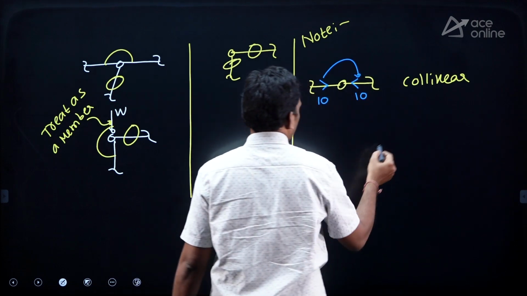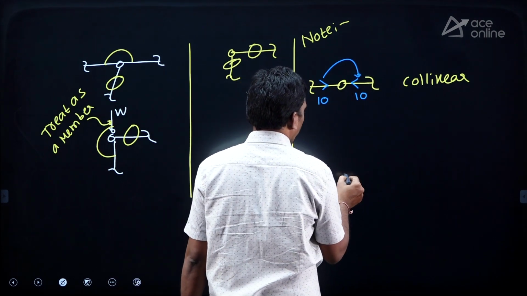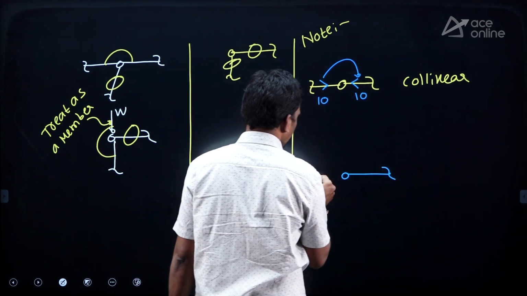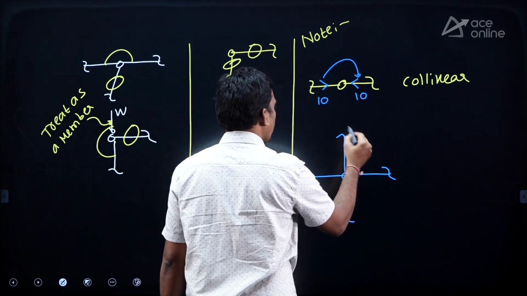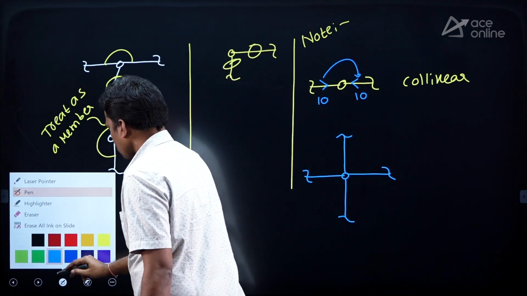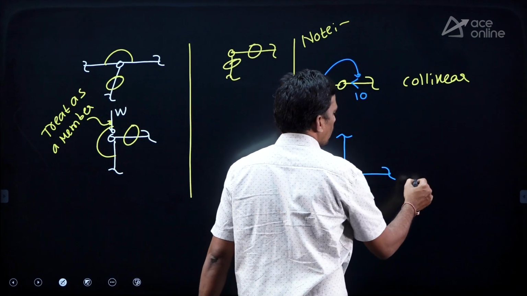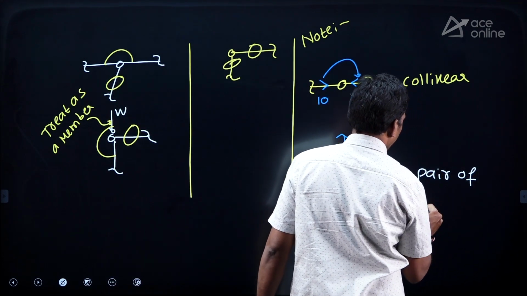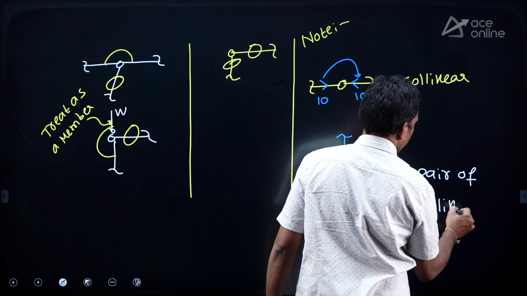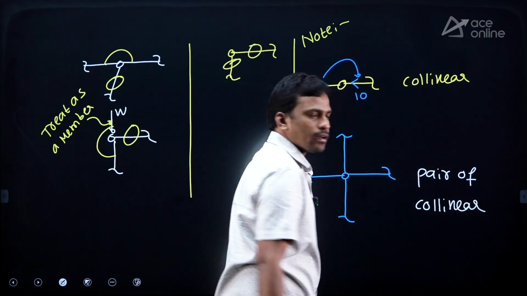Then next I gave pair of collinear, right? Now the number of members meeting is 4. These are pair of collinear.